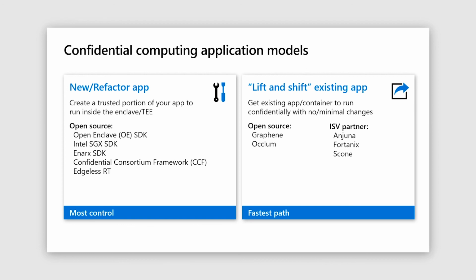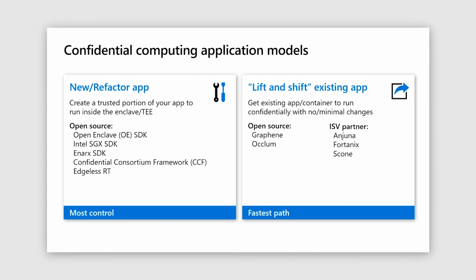Over here, you can leverage one of the open source frameworks available, such as Graphene or Occlum, or work with some of the ISV partners that we've been working with, such as Anjuna, Fortanix, and Scone. This path, the lift and shift path, is the fastest path for you to make your applications confidential. We've been working with a few customers, and they've been able to get their applications confidential within a matter of days. This is the path that you may want to choose as well for your application.